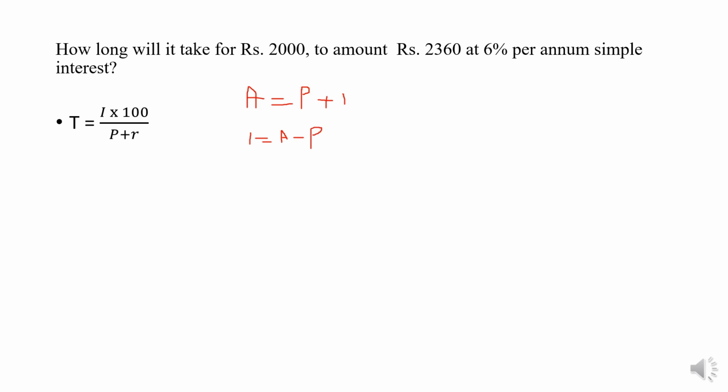So here the amount is 2360 minus principal, which is 2000.